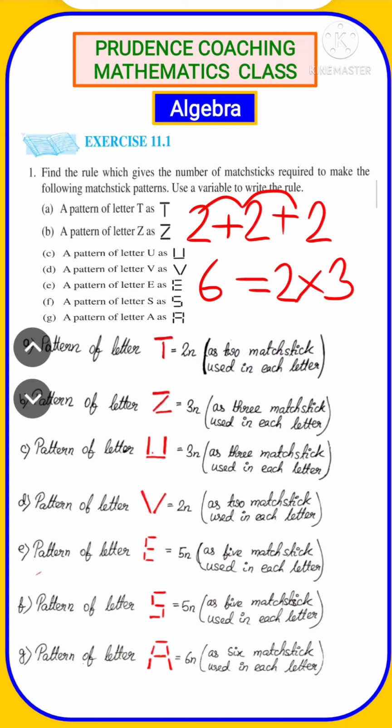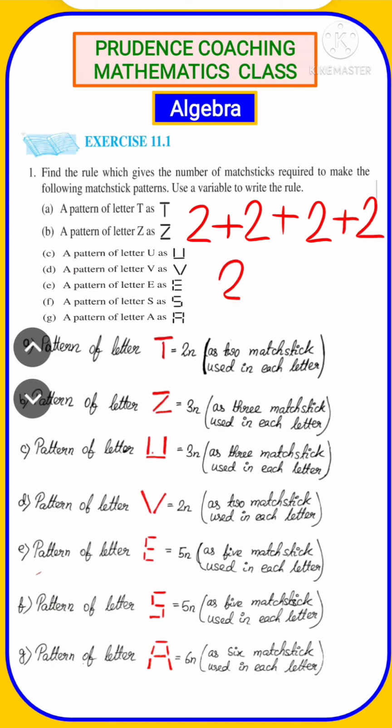Now if I add 2 four times, then you will get 2 into 4, that is 8. If you add also, you will get 8, and if you multiply 2 with 4, you will get 8. Similarly, if you add five 2's, then you will get 5 into 2 or 2 into 5, that is 10. So this will help you to understand this particular problem.